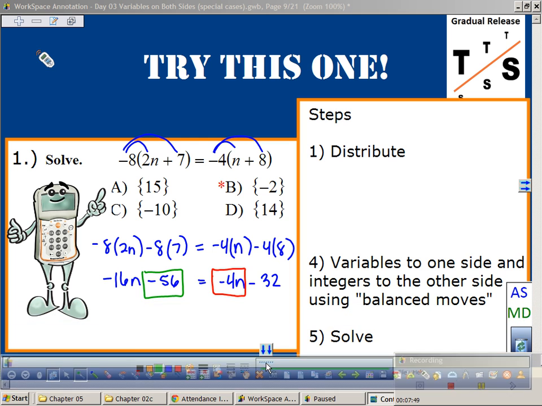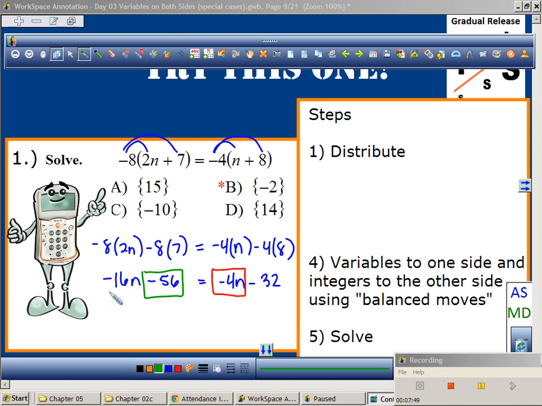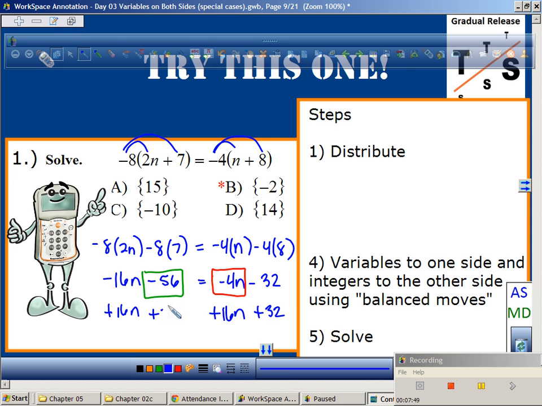I'm going to go ahead and move that 16 by adding 16 n's to both sides. And I'm going to move that 32 by adding 32 to both sides.